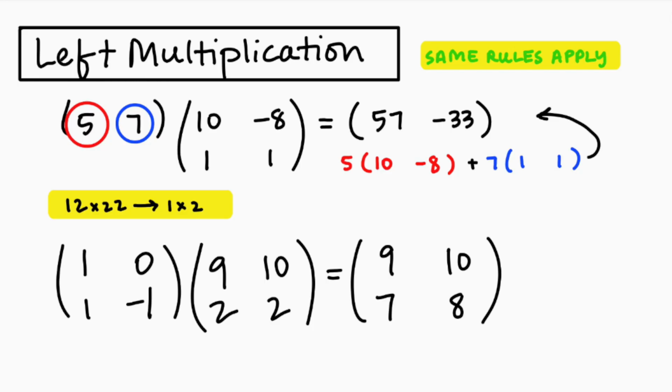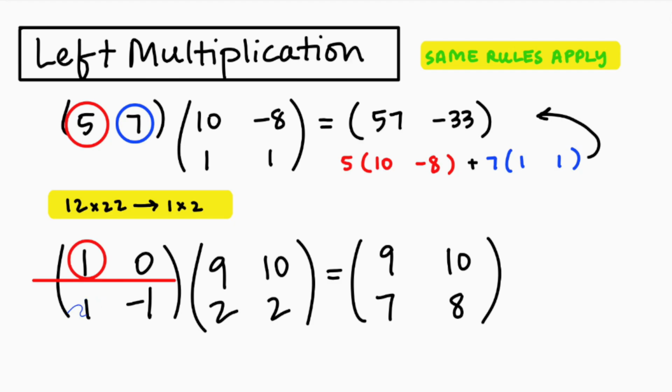In the first example, I took 5 of the first row and added it to 7 of the second row. Down lower, if I think about just the first row of the product, I copied the first row and ignored the second. That's why I see that 9 and 10 repeated.